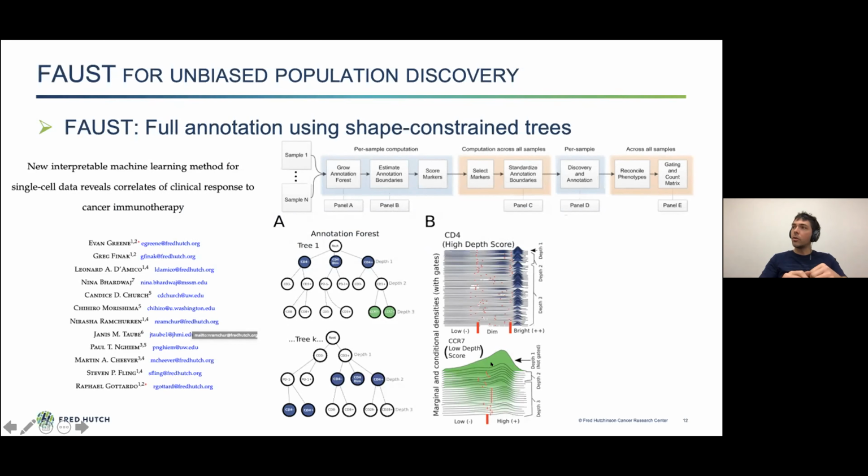Then it also has a computational step where it scores how much a given marker contributes in distinguishing different samples. Based on that, it does a statistical comparison between whatever sample cohorts you want to compare and reports back the phenotypes that potentially distinguish these two samples the most.